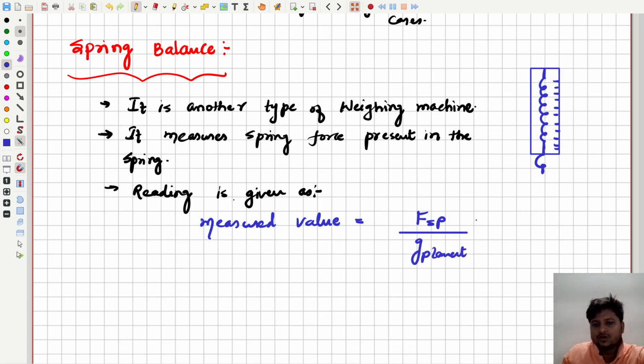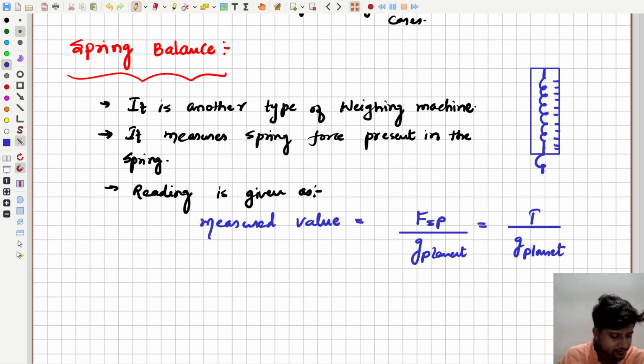Okay, this is also read in terms of tension by gravity of the planet. Is this clear or not clear? Are you able to get me or not, everyone? Yes or no?